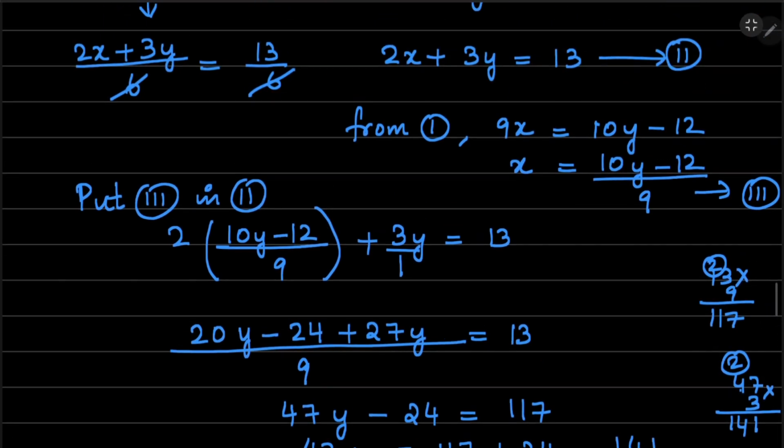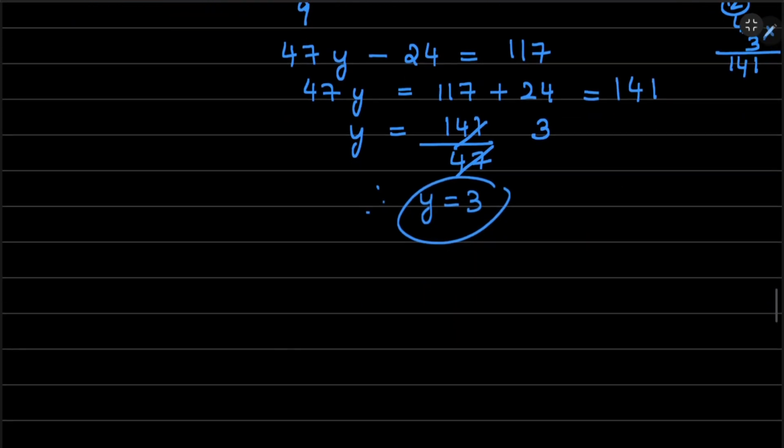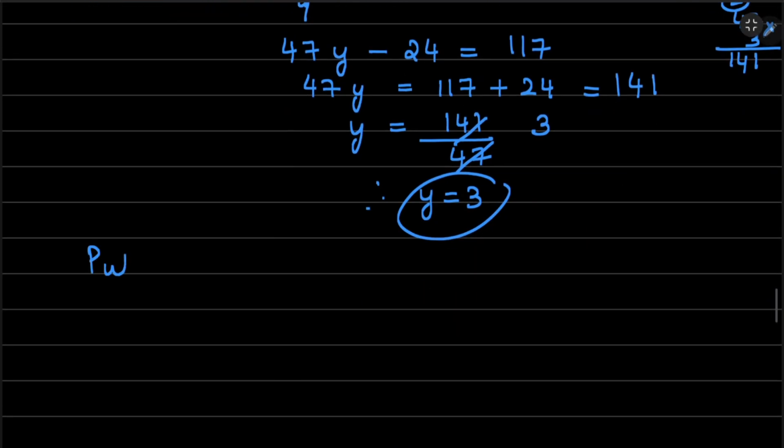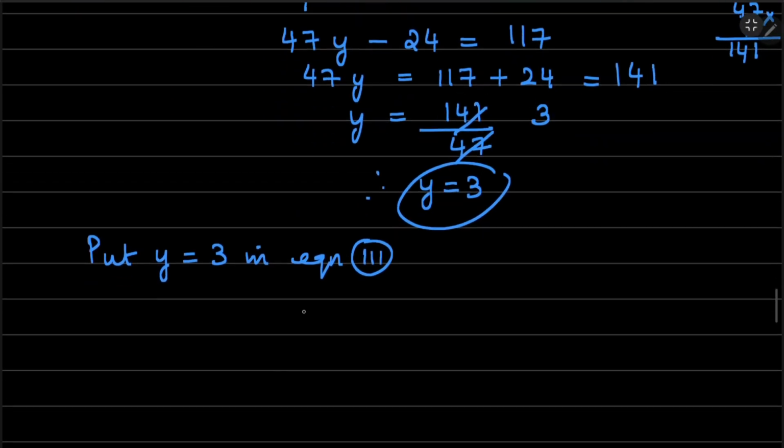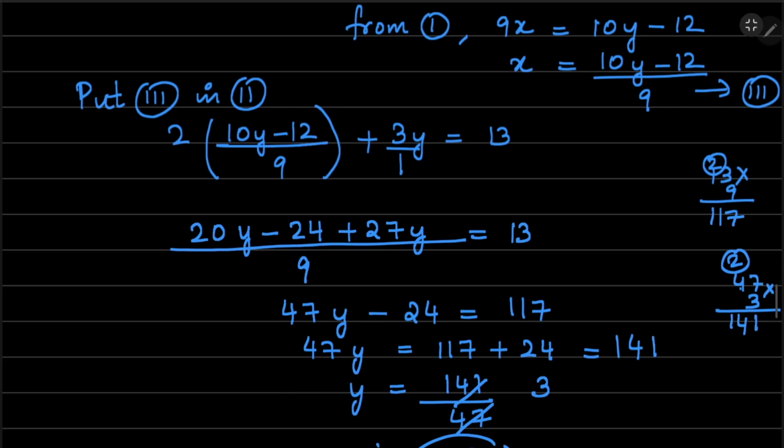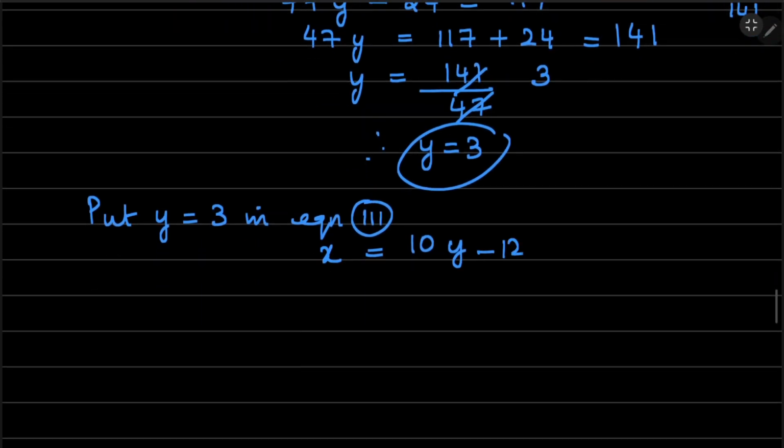Okay, the first value of the variable. Now put this in equation 3. So you can put y equal to 3 in equation 3. So what is your equation 3? x equal to (10y minus 12) divided by 9. So you can write 10 multiplied by, in place of y, I'll write 3, minus 12 by 9.